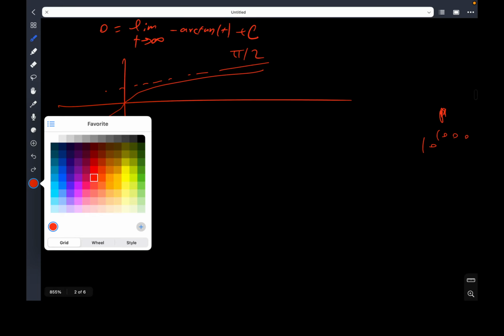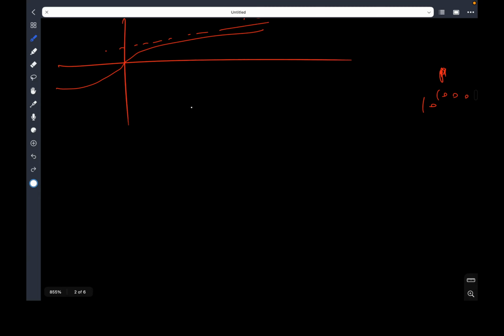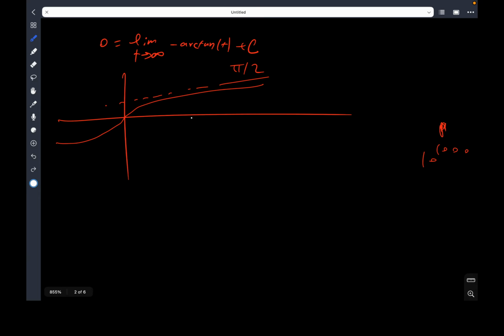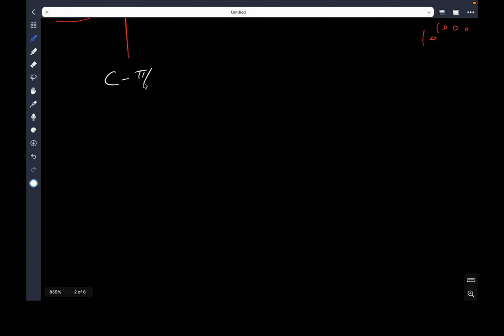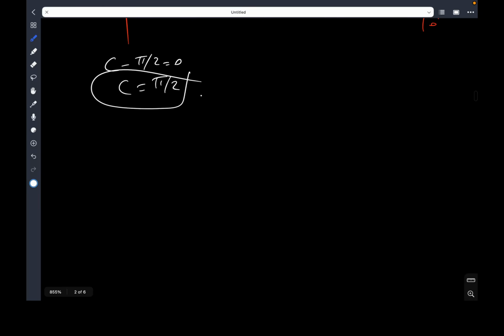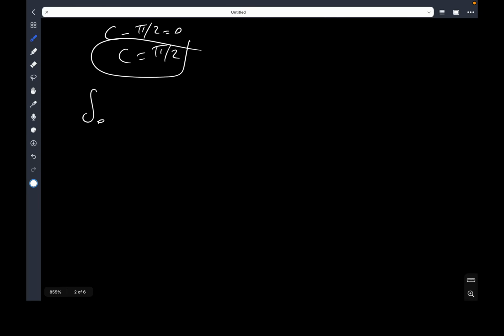Thus, I can say the limit as t approaches infinity of negative arctan of t is negative pi over 2. Thus, c minus pi over 2 equals 0, which means c equals 0. And if I write this again, I second of t, sine x over x e to the negative tx dx is negative arctan t plus c.